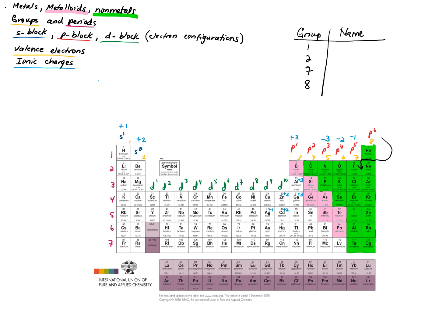Now we can also assign valence electrons for the transition elements. Not using the periodic table directly, but looking at the electron configuration.